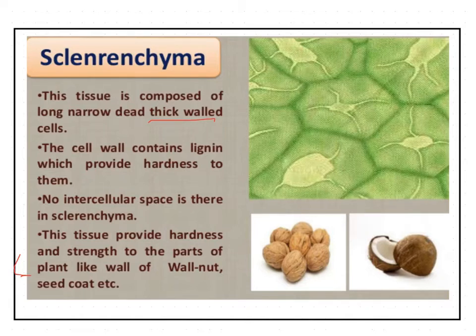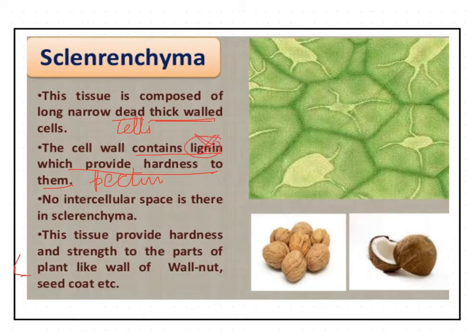So sclerenchyma is made up of dead cells and thick cell walls. And the cell wall contains lignin which provides hardness to them. Cell wall में lignin present होता है जिससे वो hard हो जाता है. Okay, the cell wall, rather instead of lignin I should go for pectin.